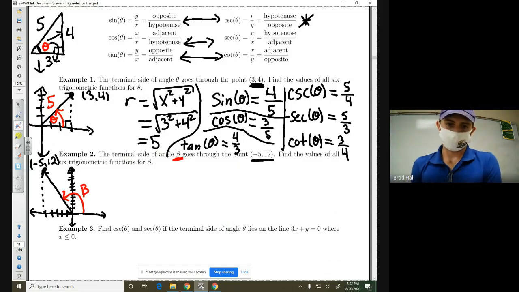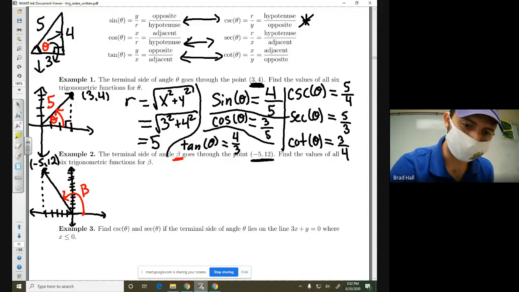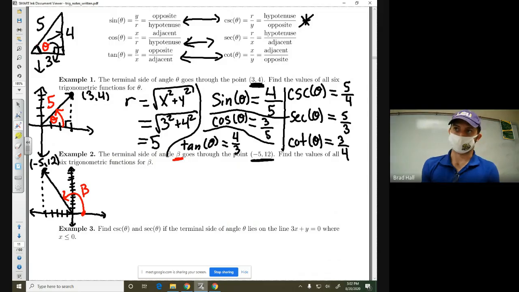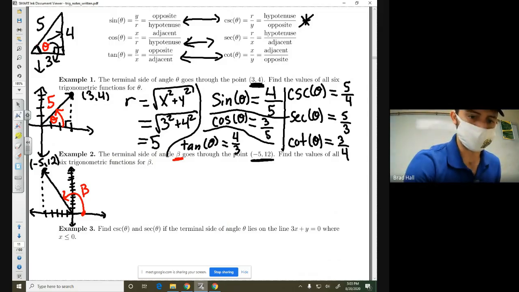We have beta, just like that, because it always has to start on the positive x-axis. That's how standard position works. And it points all the way to here. The good thing about triangulation is that when we view trig functions and when we triangulate, one thing that we did was we forced the right triangle right here.